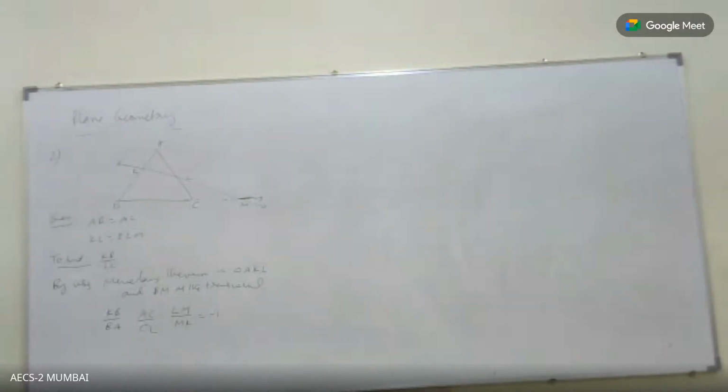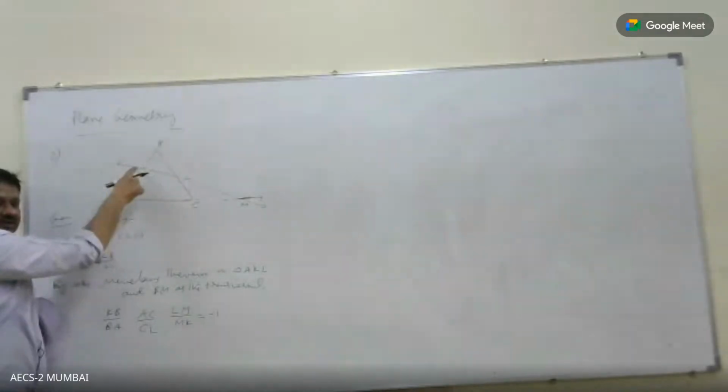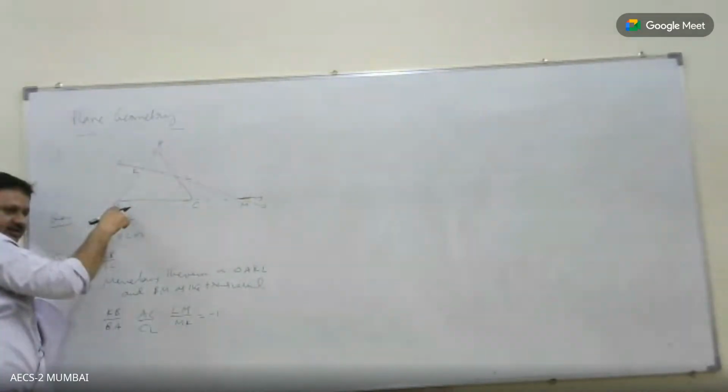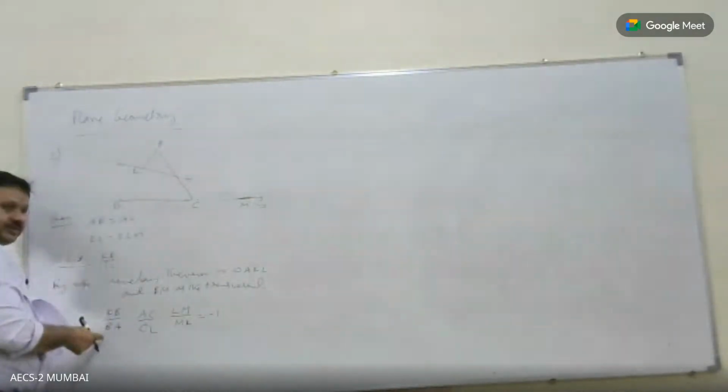Just check this. How many of you got the same? One, two, yeah, good. So what I am doing, for those who are not getting it, I am choosing vertex K, triangle AKL, vertex K. So choose the side AK. AK is cut at B. So I am writing KB by BA.